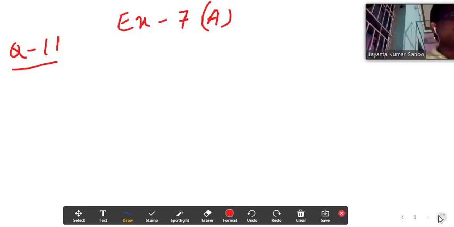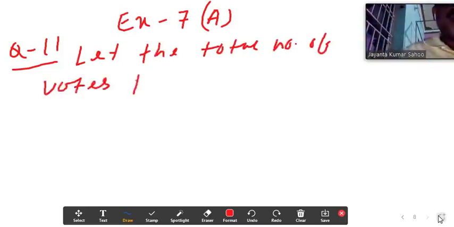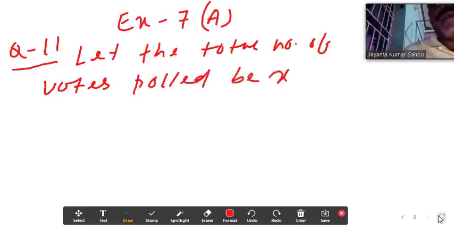Find the total number of votes polled and the votes secured by each candidate. So in this case, let the total number of votes polled be X.